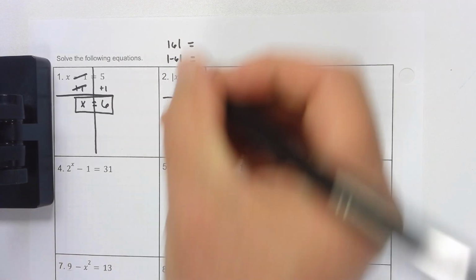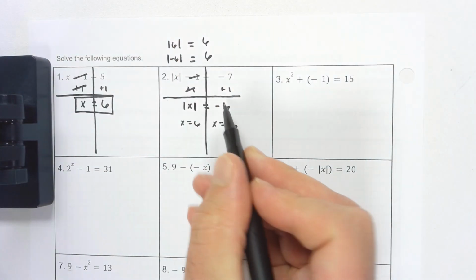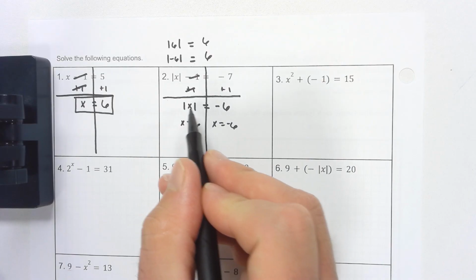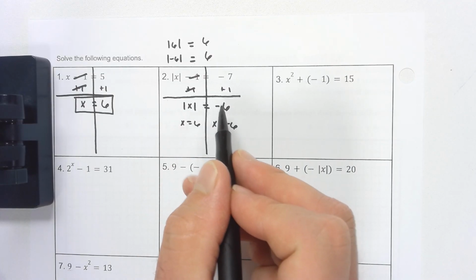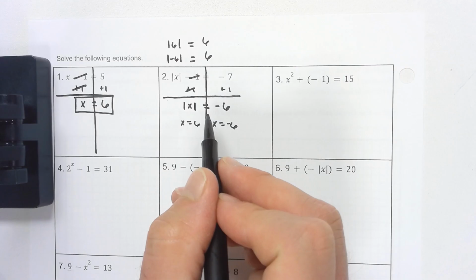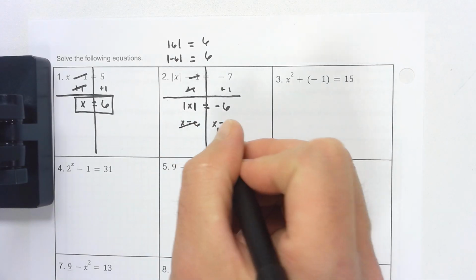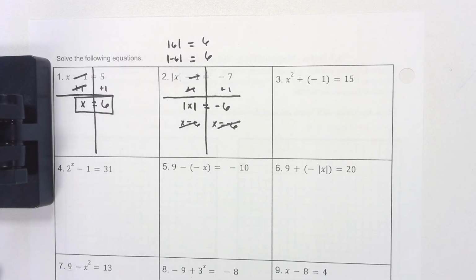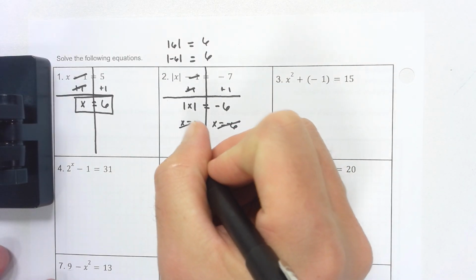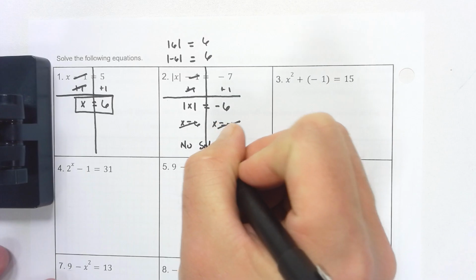It's always positive. So if I want to take the absolute value of a number and get a negative, is that possible? No, right? So these are not answers. Those would be answers if we had absolute value of x equal to positive 6, but negative 6 is not possible, so our conclusion here is that there's no solution.